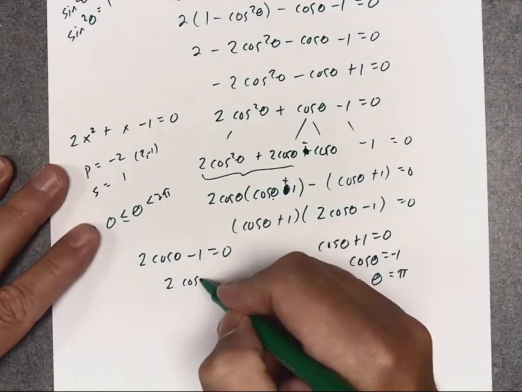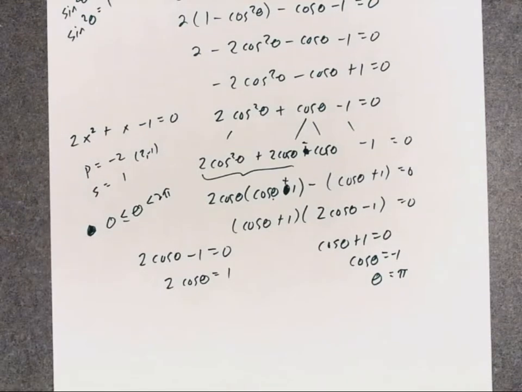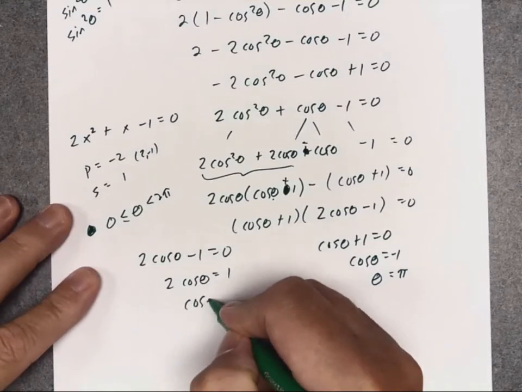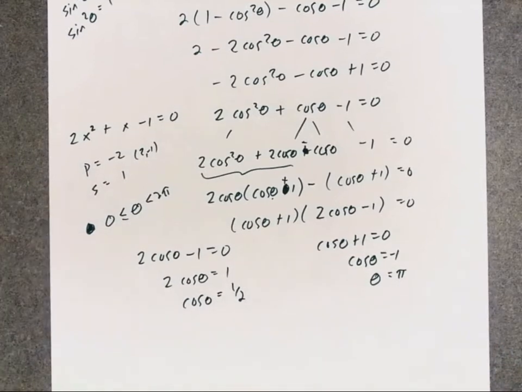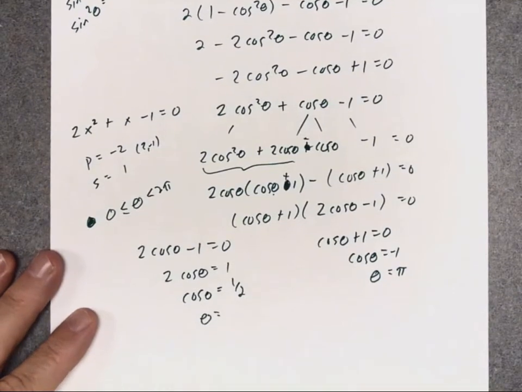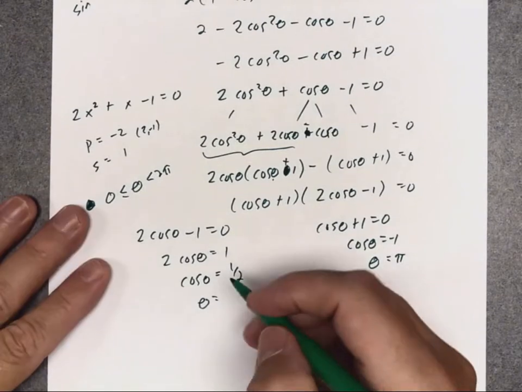Over here, 2 cosine theta equals 1. Cosine theta equals 1/2. So I ask myself, on my unit circle, 1 trip around, where is the cosine 1/2?